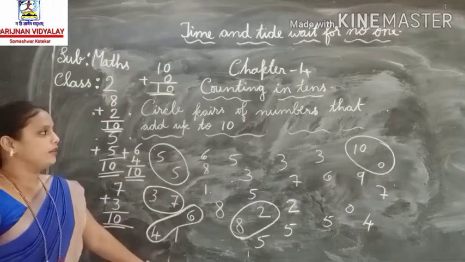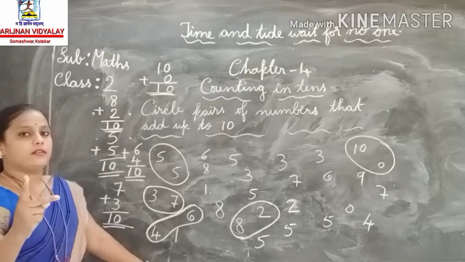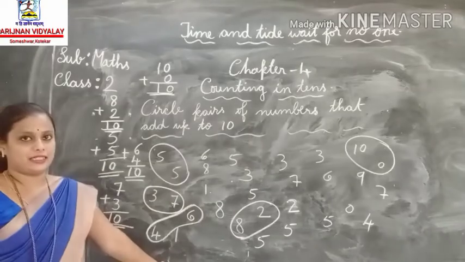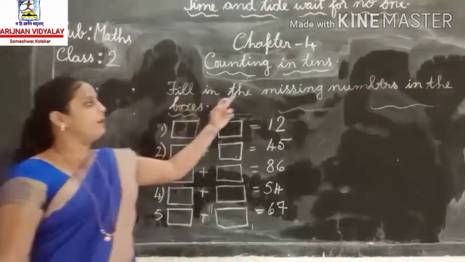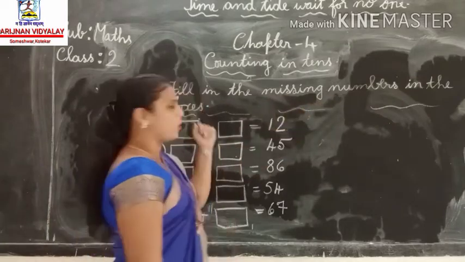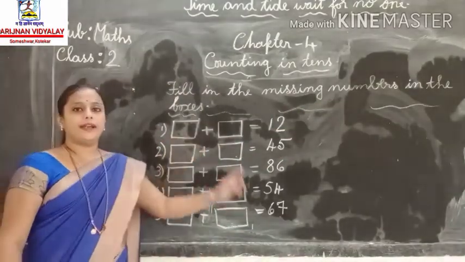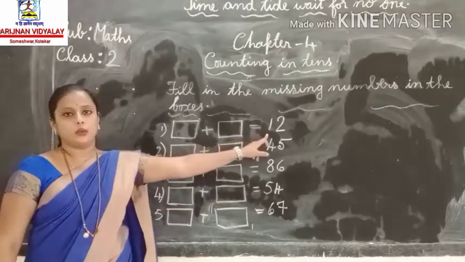Very good. When we take two numbers and our answer should be 10, you can do it like this. Look at the board, children. Fill in the missing numbers in the boxes. Look here. We have to find two numbers to get the answer 12.